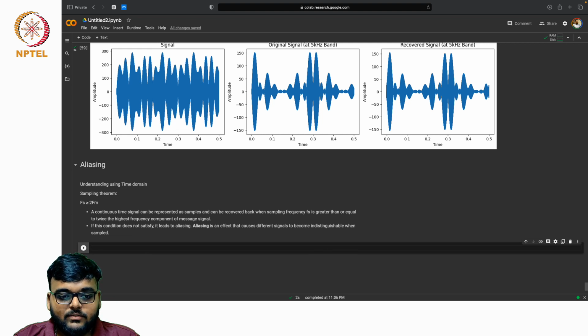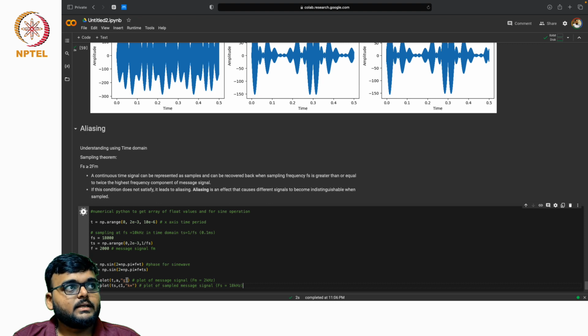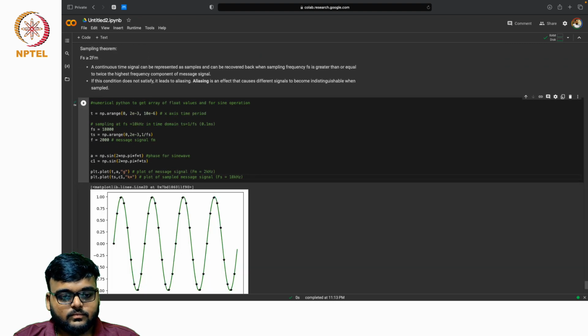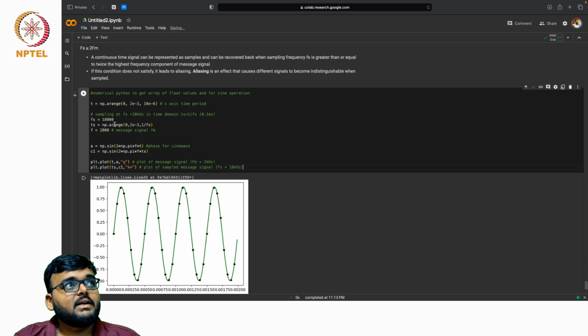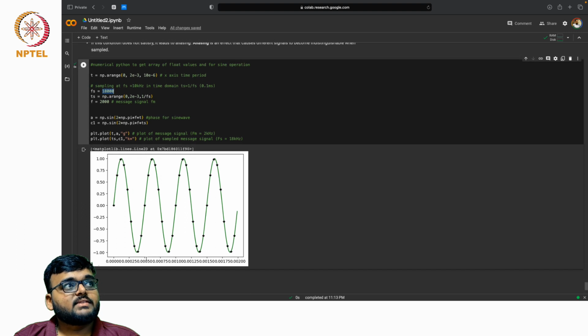So let us see this example over here. We have a 2 kilohertz signal, sampled at 18 kilohertz frequency, so we will get this much amount of samples. With a 2 kilohertz signal and 18 kilohertz sampling frequency, in one cycle we will get around 9 samples.